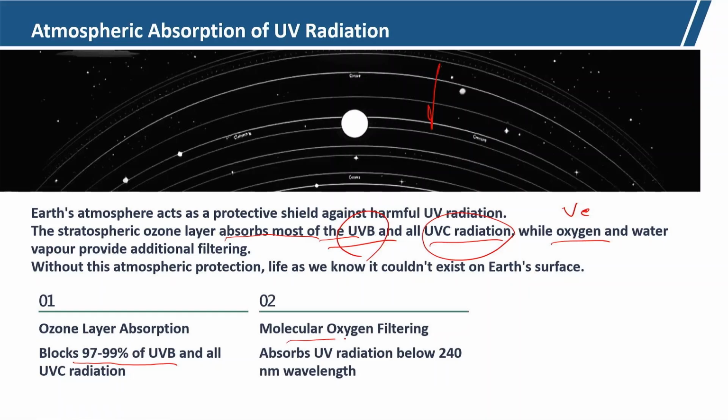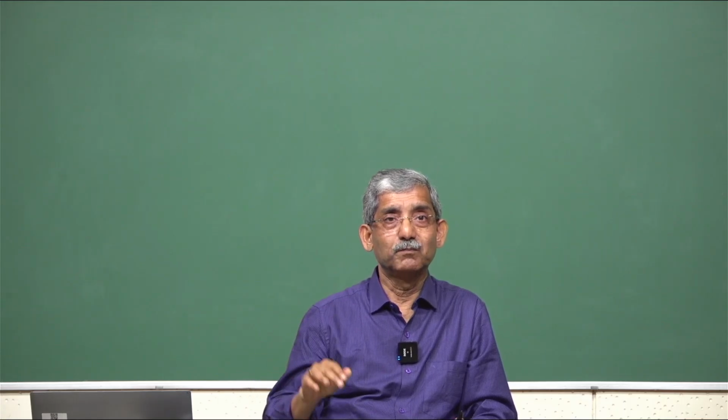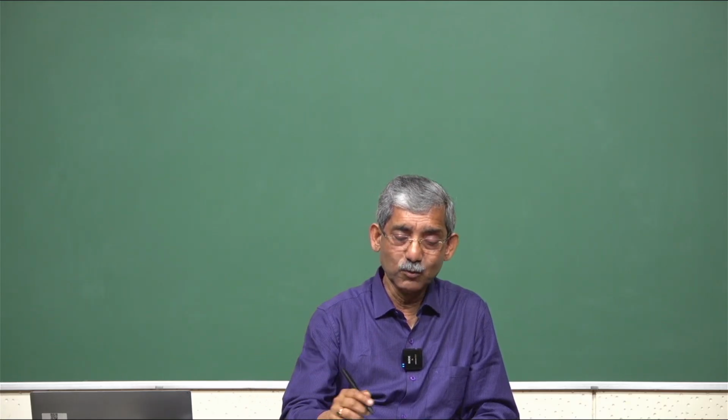Molecular oxygen filtering: we have discussed that the oxygen present in the atmosphere absorbs UV radiation below 240 wavelength. That means it will help the ozone layer with the lower wavelength UV rays coming.